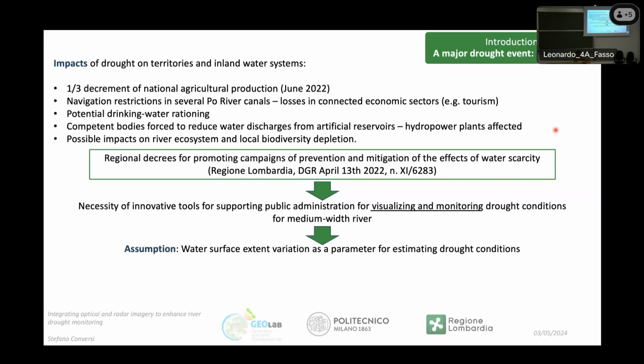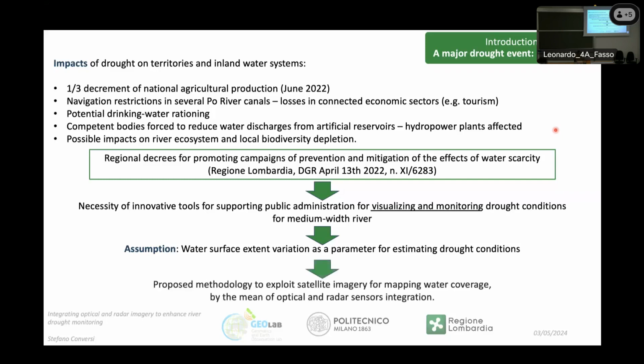Meaning that what we can see with our instruments, which is obviously based on remote sensing images and so on satellite images, is the surface itself, and so we can see the extent and also have a sort of proxy of the extent of water in a certain area. We want to use this parameter for estimating the condition and obviously the variation, for understanding the behavior of an area of interest.